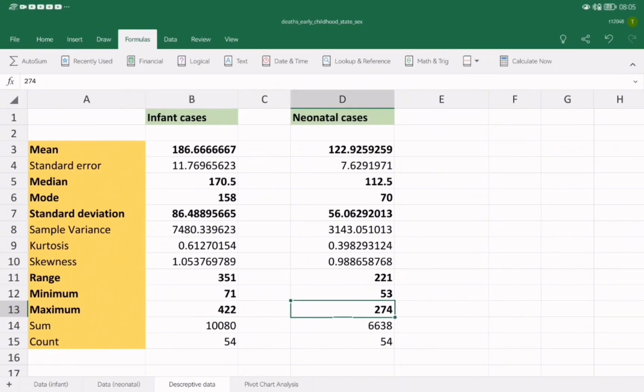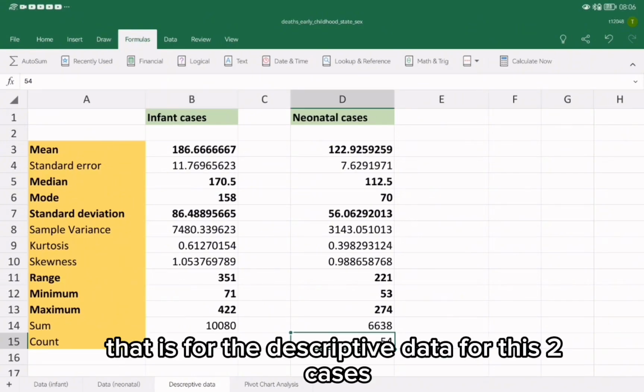The sum total of the data from 2017 to 2021 for infant cases is 10,080, and for neonatal cases is 6,638. The count is 54 for infant, and 54 for neonatal. That is the descriptive data for these two cases.